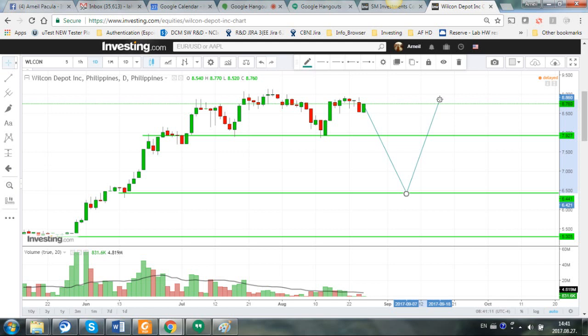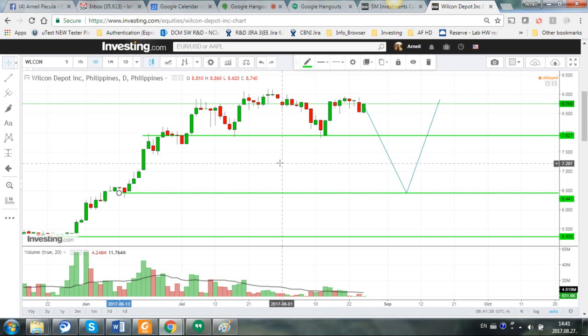The technical indicators are just helping you to confirm your support and resistance. They are helping you if there is breakout or not. They are helping you if the trend is upward or downward. But the most important thing here is to determine your support, kasi that is your buying price, and your resistance line, kasi that is your selling price.